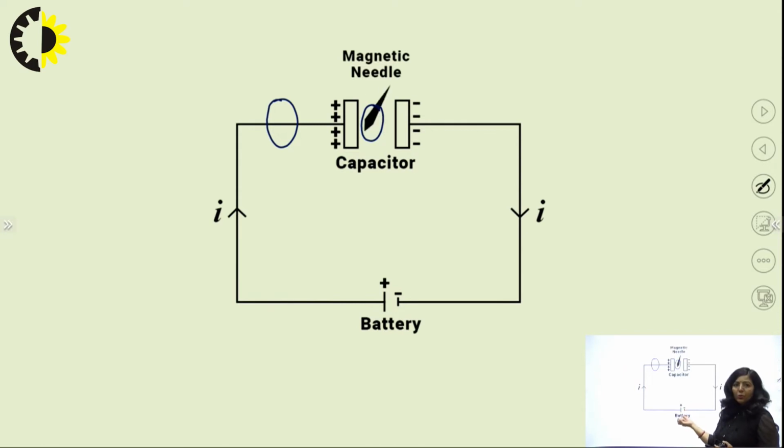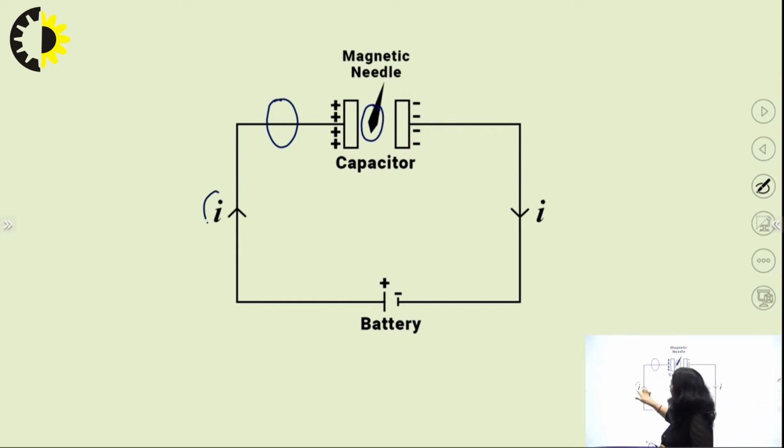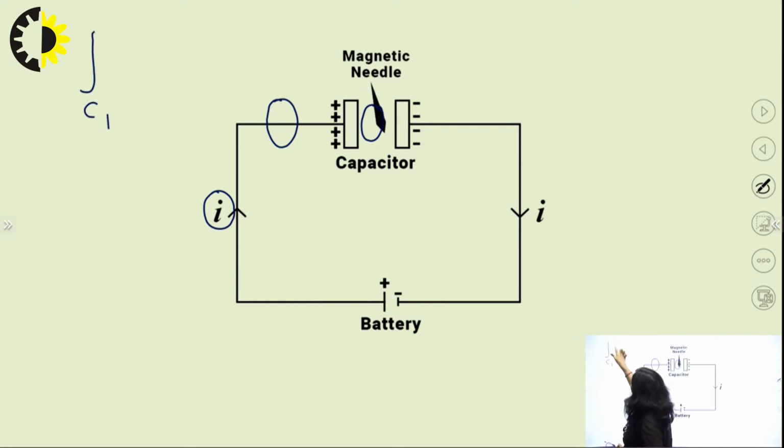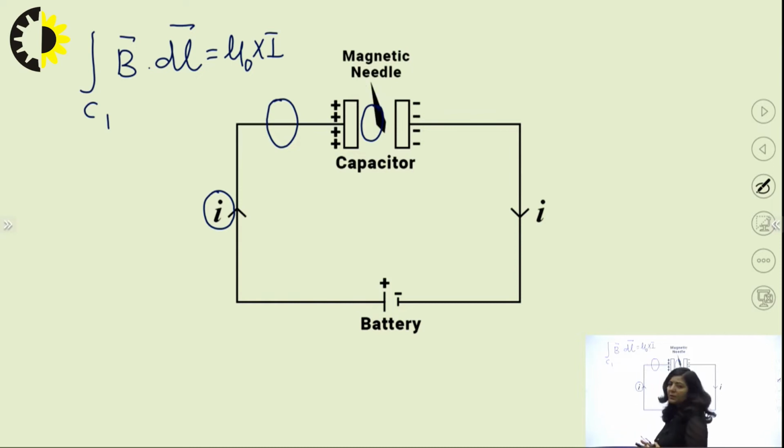When the key is closed, current will start flowing in the circuit, and let I be the current flowing here. If I apply Ampere's law for loop C1, then according to Ampere's law, the closed line integral of B dot dl is equal to mu naught times the current enclosed. We have a magnetic field here because of the flow of charge, or the current, in those connecting wires.